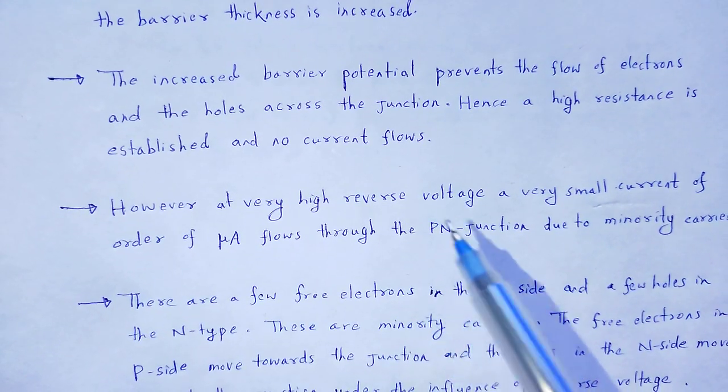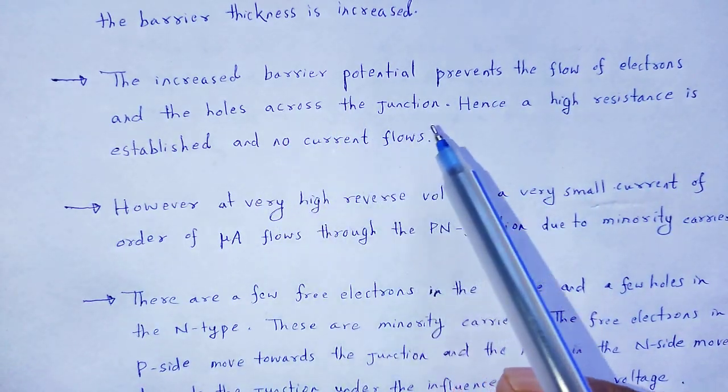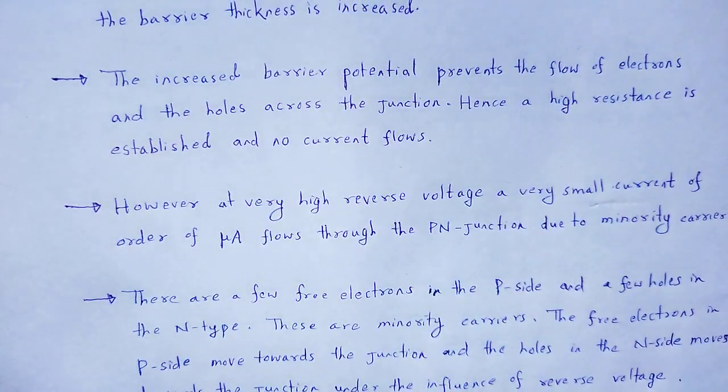The increased barrier potential prevents the flow of electrons and holes across the junction, hence a high resistance is established and no current flows.